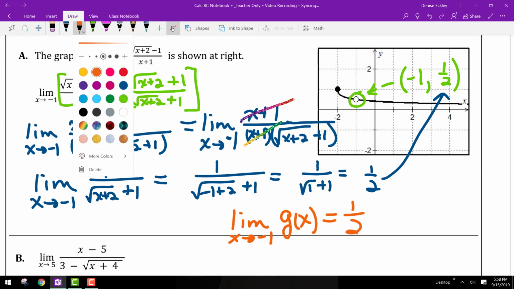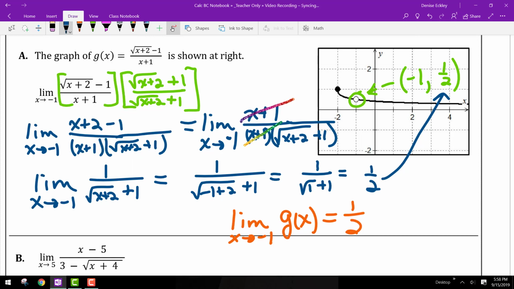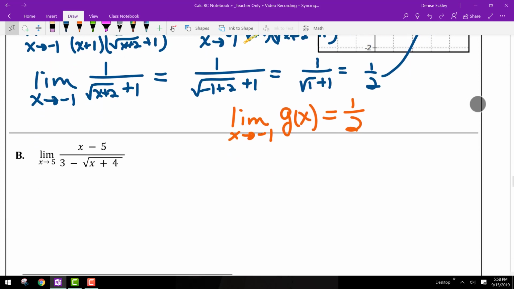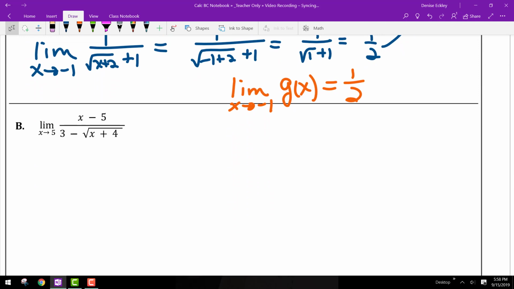Okay, doing another one where the radical's in the denominator, it's the same idea. We are going to multiply our original fraction by the conjugate. Our conjugate is going to be 3 plus the square root of x plus 4.